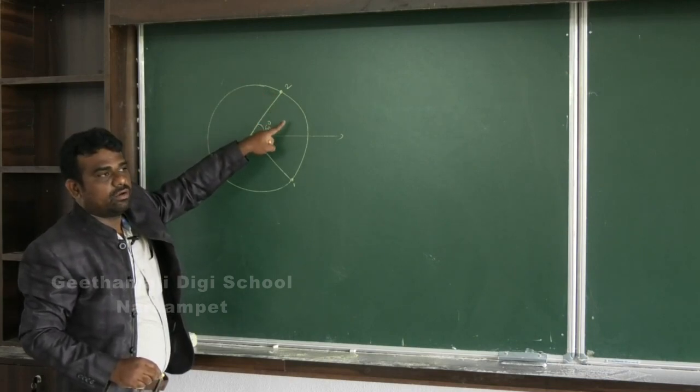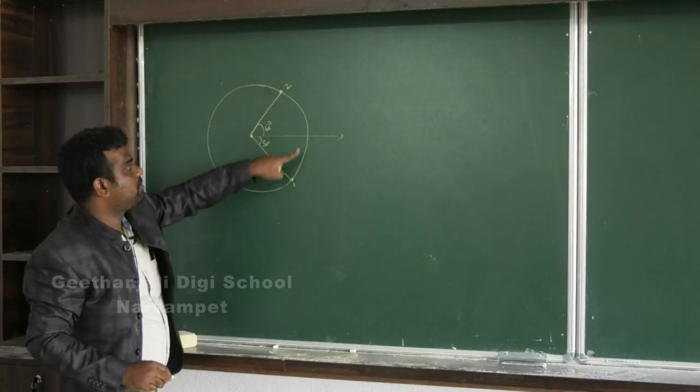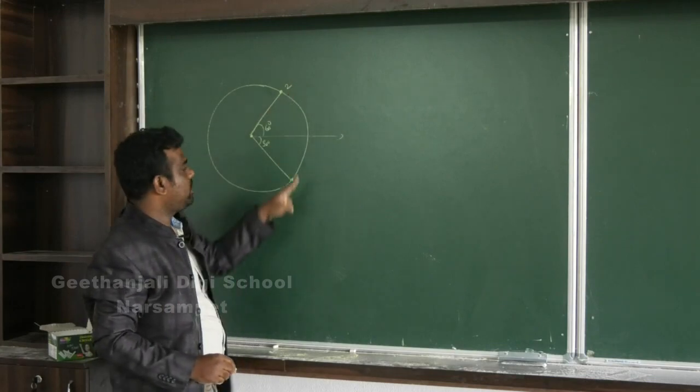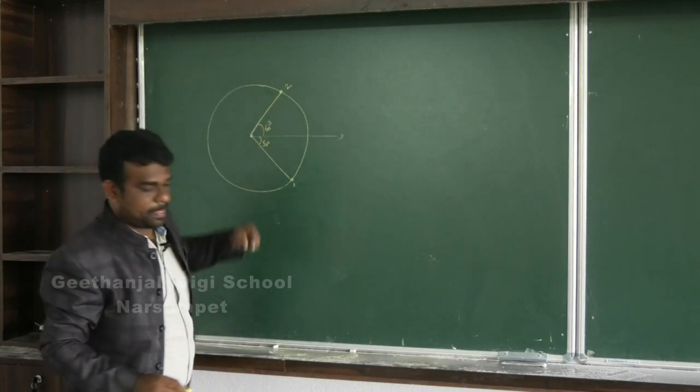So now we have to find out what is the angular speed of the particle when it is moving in an anti-clockwise sense and clockwise sense.